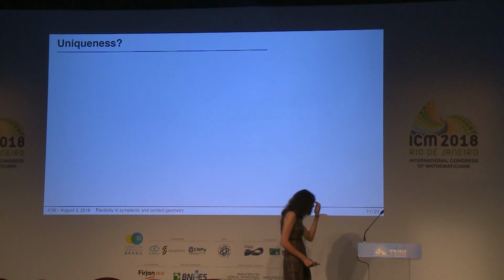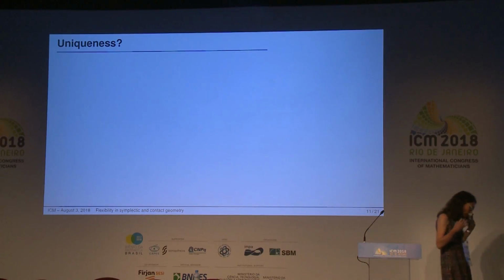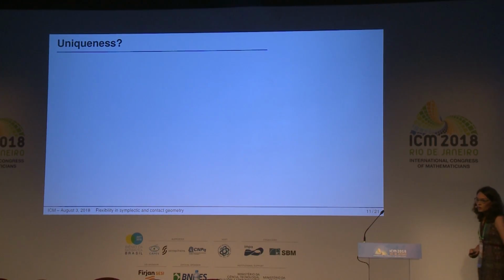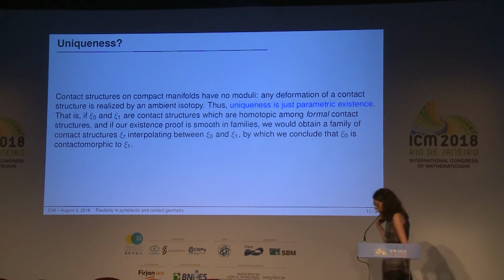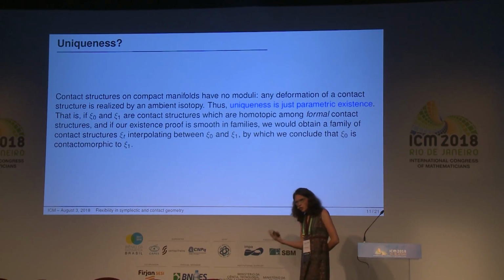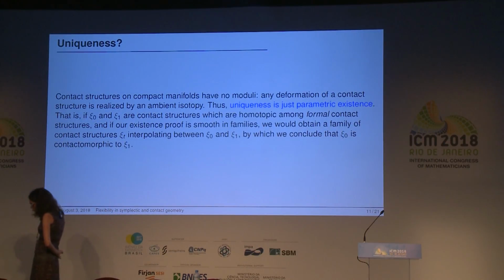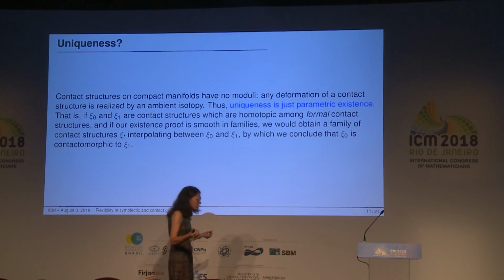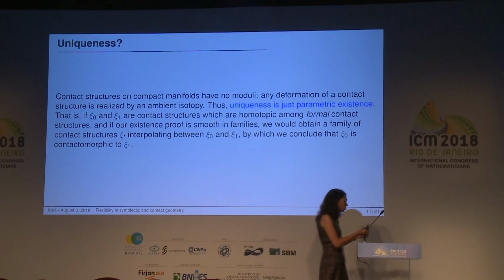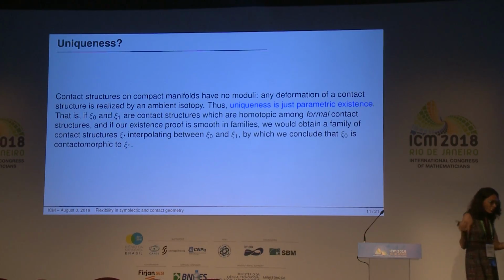Okay, so given this, what else can we do with these techniques? Because contact structures have no moduli, uniqueness of a contact structure is the same thing as parametric existence, right? In order to prove that a contact structure is unique, I just need to find a way to interpolate between those contact structures via contact structures.